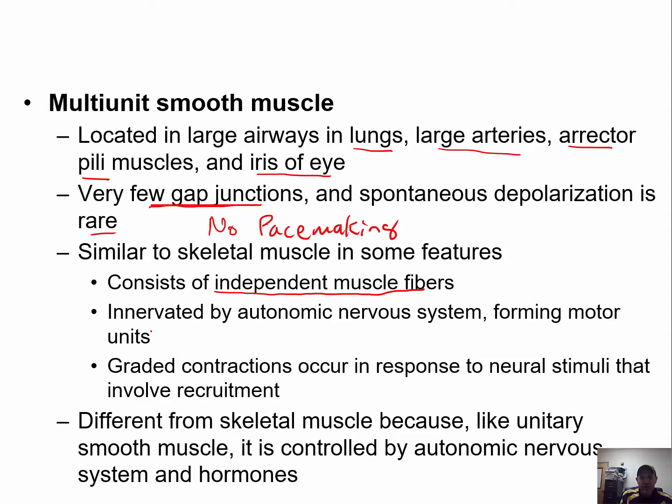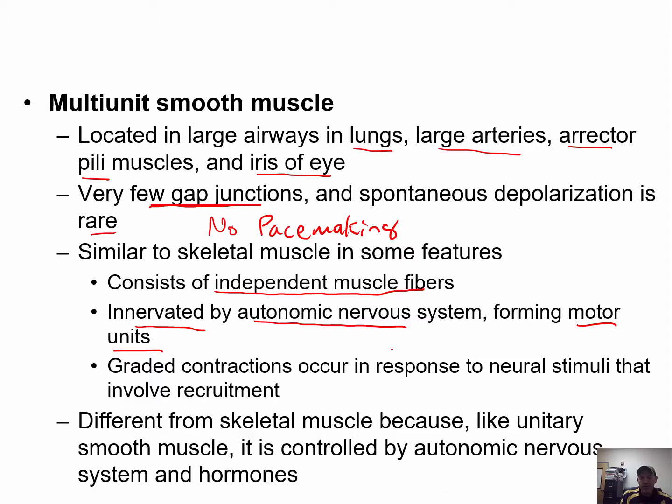This smooth muscle is also going to be innervated, but with the autonomic nervous system. And these nerve fibers are going to stimulate different smooth muscle cells within the smooth muscle, and basically these nerve fibers would form motor units like what we saw in skeletal muscle. Remember, in skeletal muscle, it was one neuron for a certain number of muscle fibers.